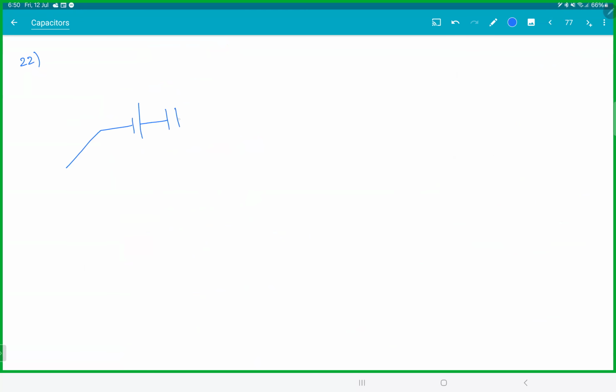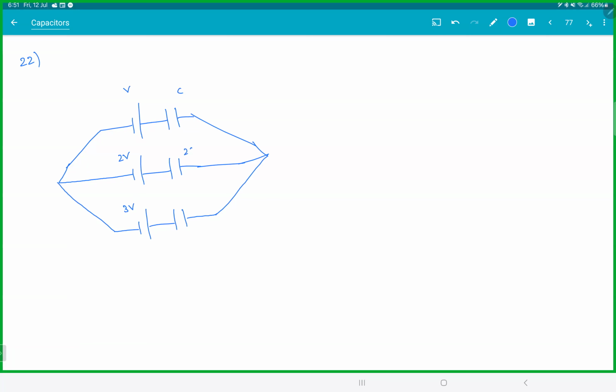We have a battery, we have a capacitance, we have a battery, we have a capacitance, we have a battery, we have a capacitance. V, 2V, 3V, C, 2C, 3C. Find charge on the capacitors. Now, in these kind of circuits, equivalent capacitance doesn't make sense.